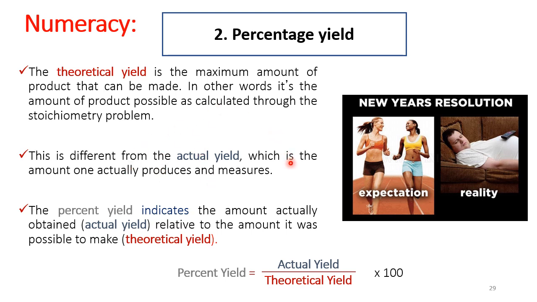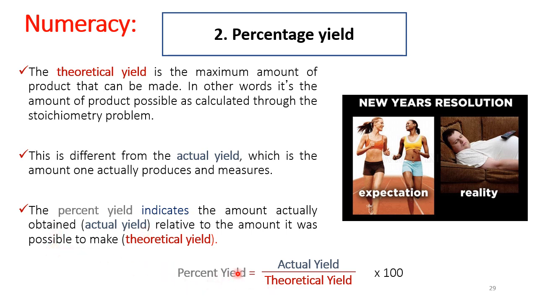So in order to evaluate this, we need to calculate the percentage yield, which indicates the relation of the actual yield to the theoretical yield. It indicates the amount that is actually obtained relative to the amount that theoretically should have been obtained.